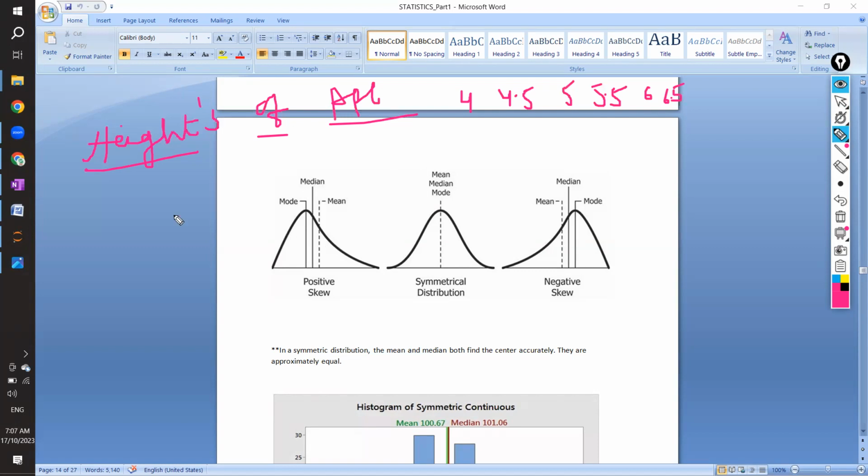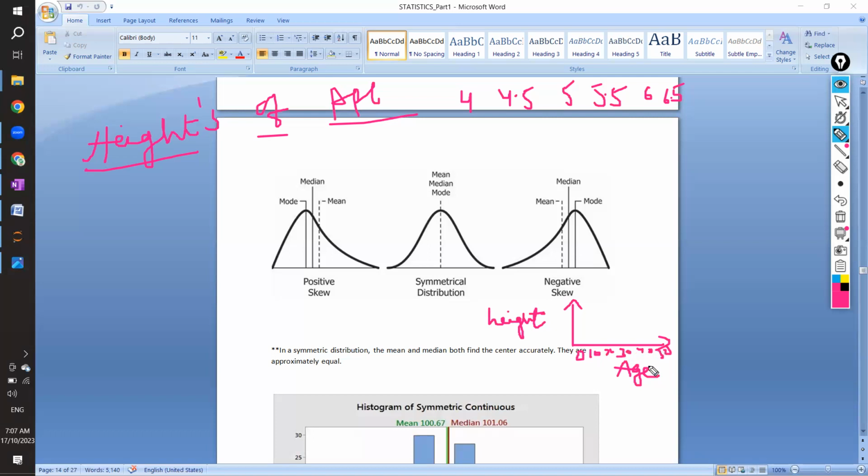If I want to draw a graph between age and height, usually in age we can have 0, 10, 20, 30, 40, 50, something like that.